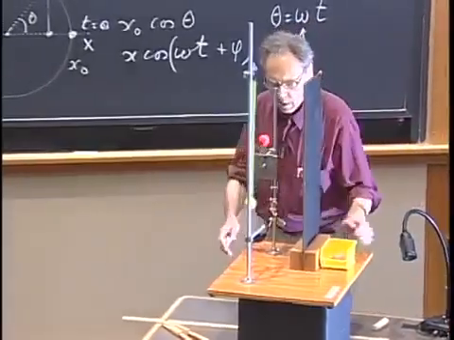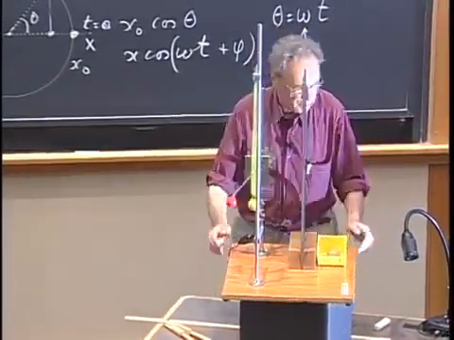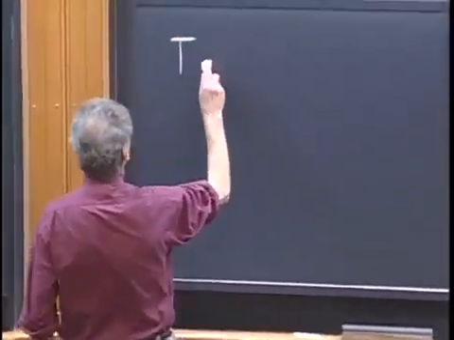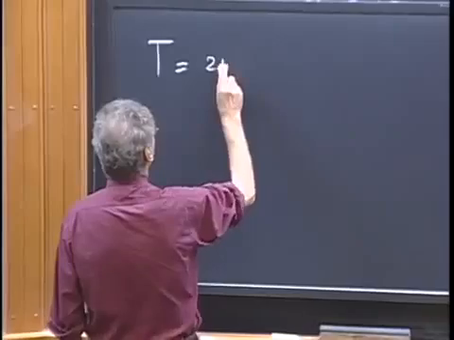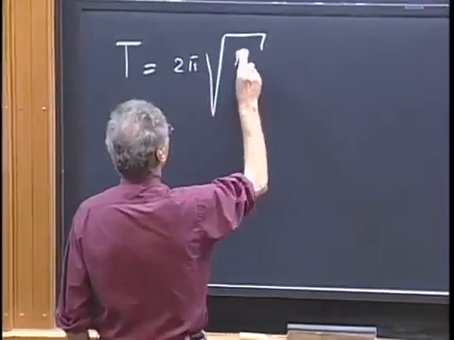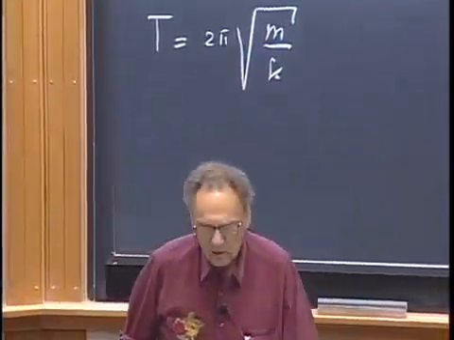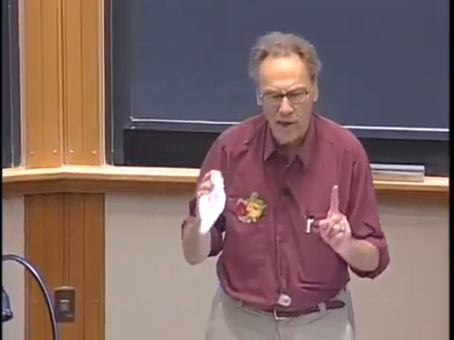So, if we return to the spring, then we have a period for the spring system, which is 2 pi times the square root of m over k. And I want to bring this to a quantitative test, how accurate this is.